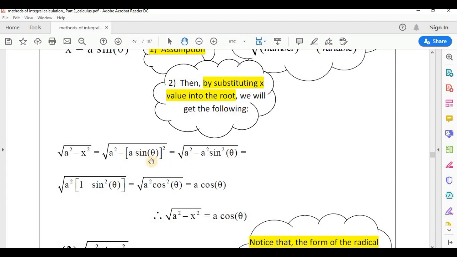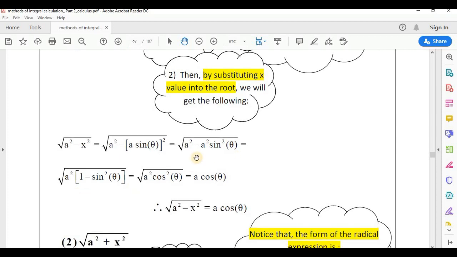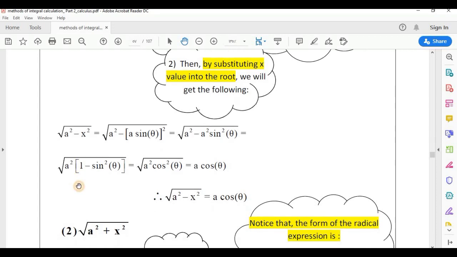After opening the square, we will get under root a square minus a square multiply sine square theta. After taking a square as a common factor, the root will become a square all multiply 1 minus sine square theta.